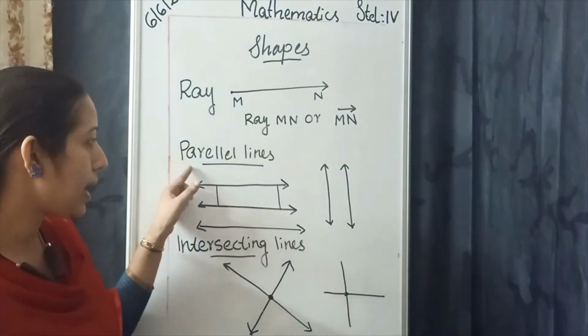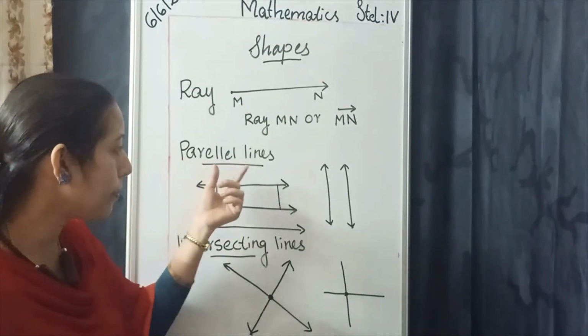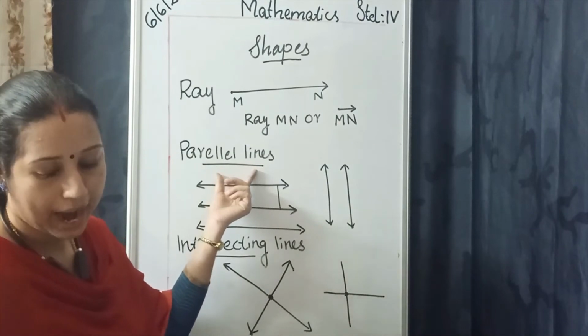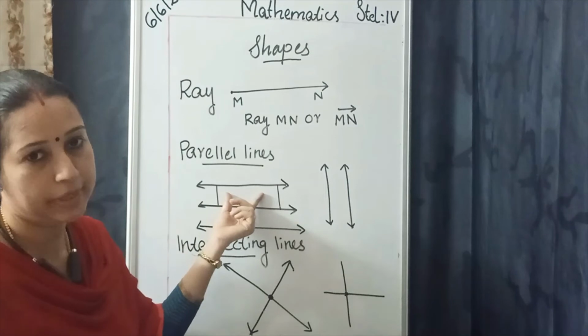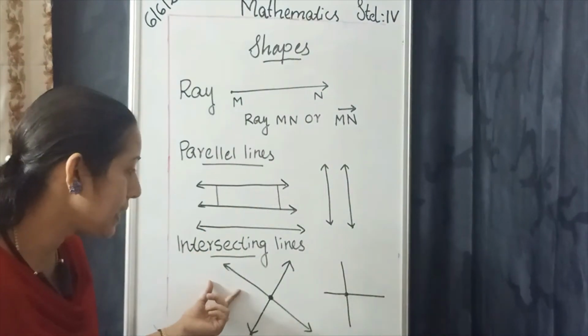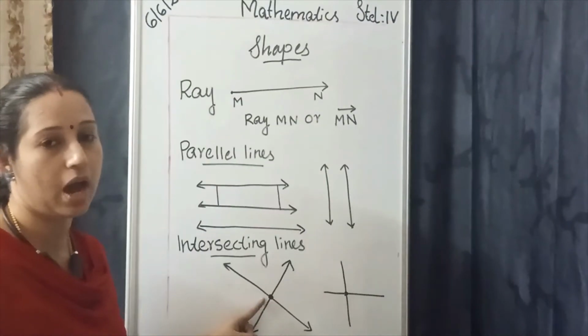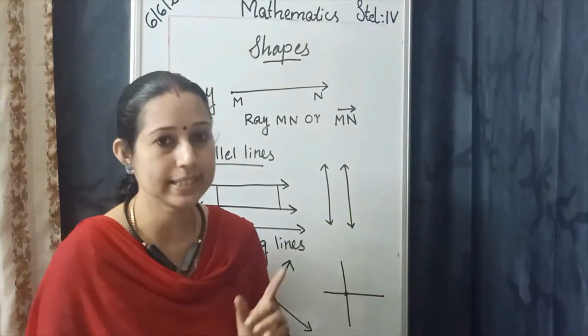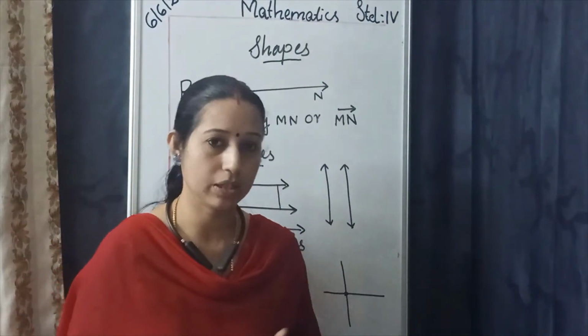Okay, so parallel lines are lines that do not meet at a common point and are always at the same distance. But intersecting lines means two or more lines meet at a common point. So these are the different geometrical terms.